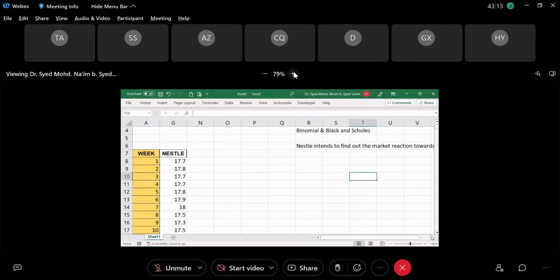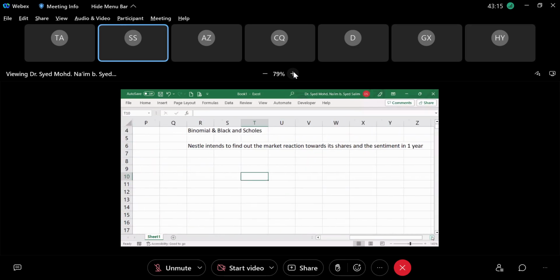So Nestle issues both call and put options.